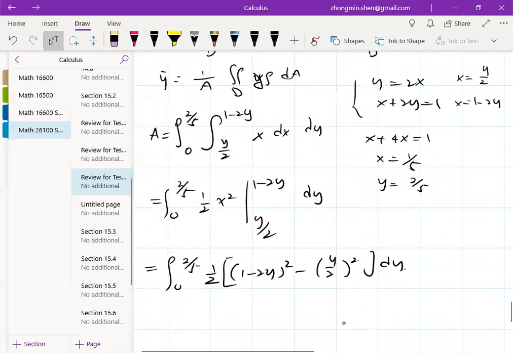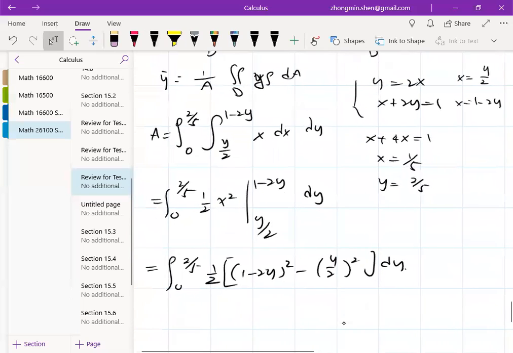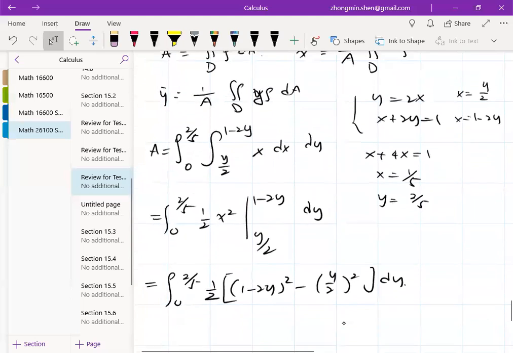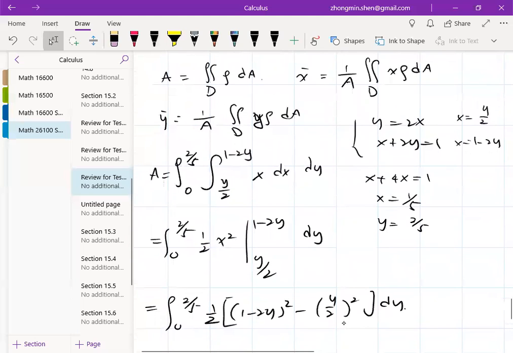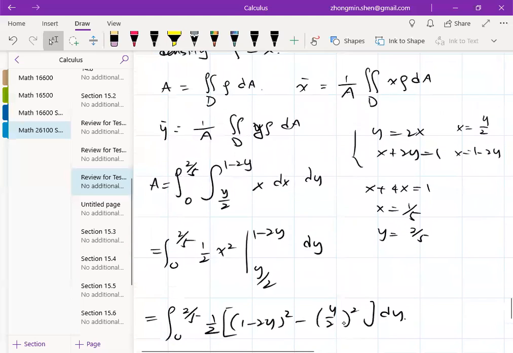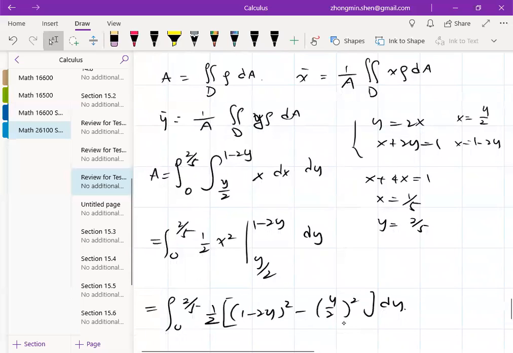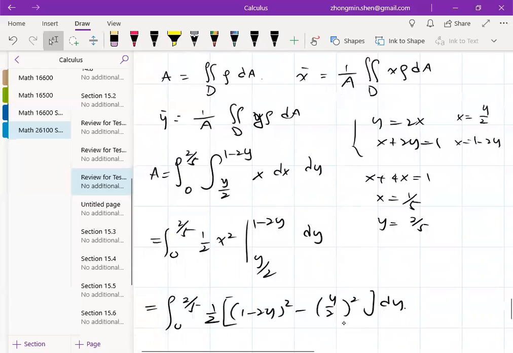Okay, so if you put dx inside. Right, and similarly for the x bar and the y bar, because you multiply by x, that's the only difference. And the other one is multiplied by y, so there's no big difference. You just need to evaluate these two integrals.